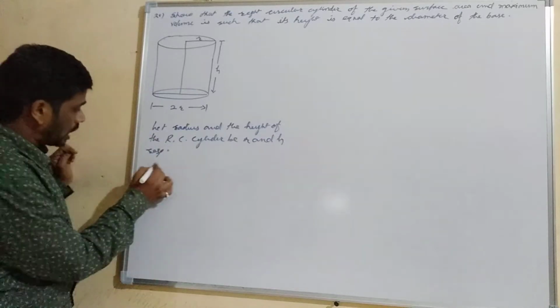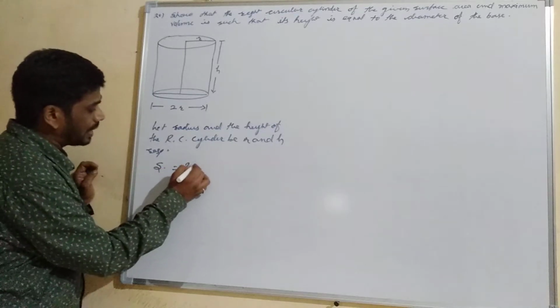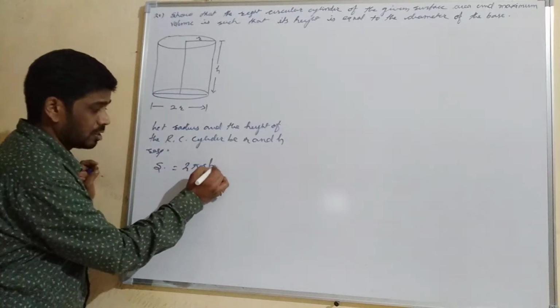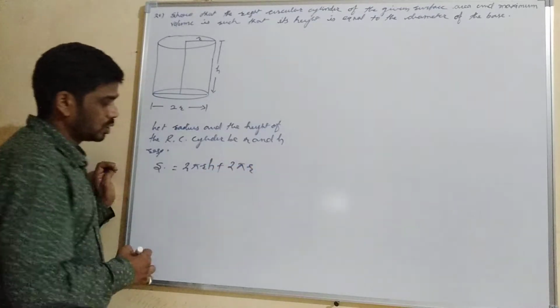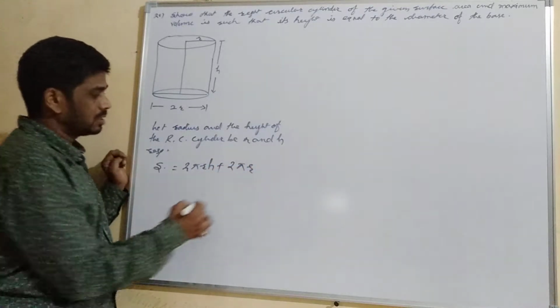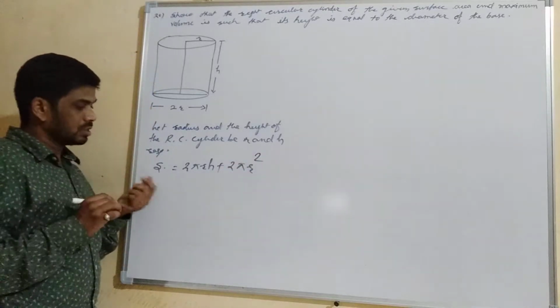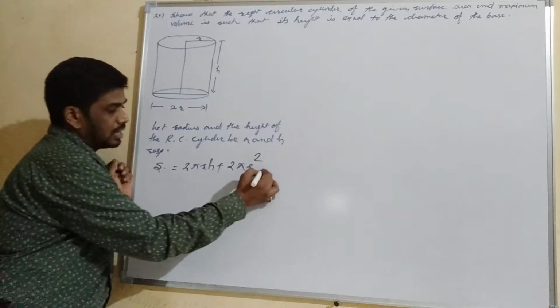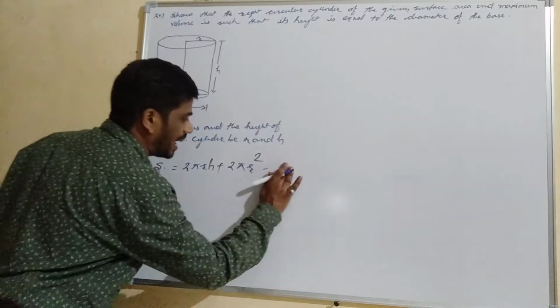So surface area of a cylinder will be 2 pi r h plus 2 times pi r square. This is the surface area of a cylinder, equation 1. We will use that. Here we will find the value of h.